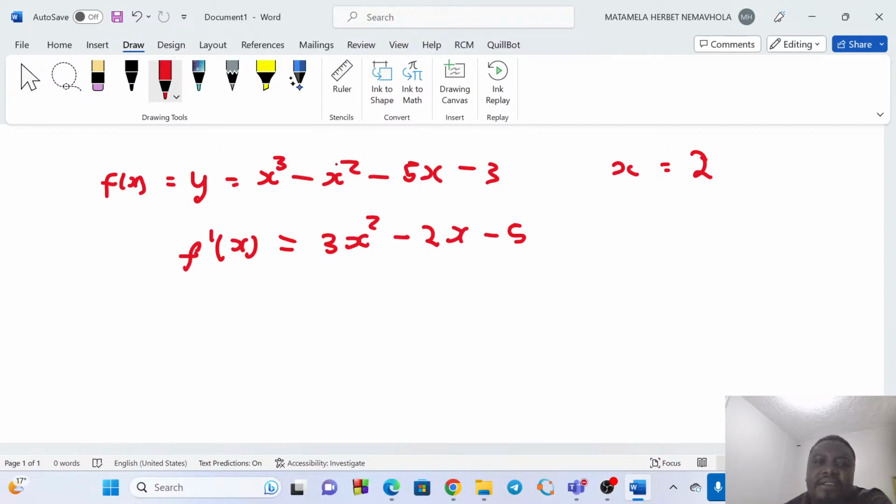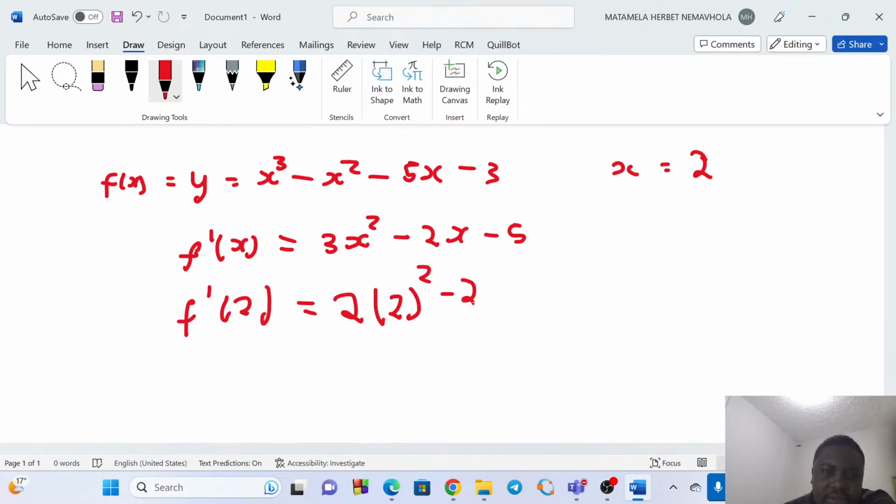Then you will find your f prime of 2. When x equals 2, we're going to substitute 2 in this equation. It's going to be 3 times 2 squared minus 2 times 2 minus 5, whereby 2 squared is 4. 4 times 2 is 8.